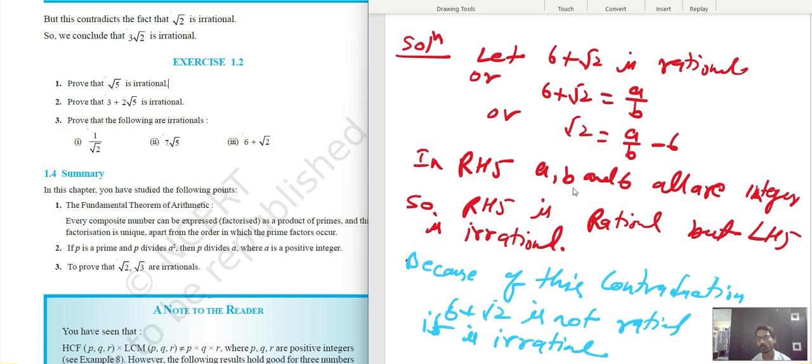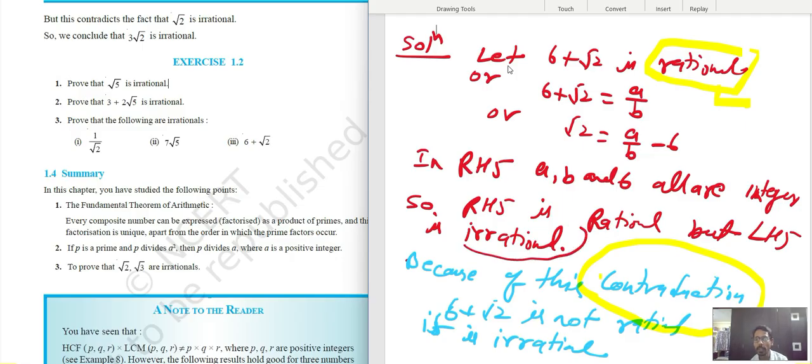Once again I want to tell you what is the meaning of this contradiction. Contradiction means what we are letting there, what we are assuming there, at the last the result is coming just opposite. What we are letting there, rational, and what is coming there, RHS a and b all are integers, so rational. Okay, but LHS is irrational.